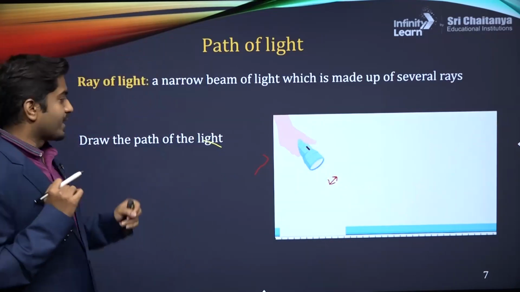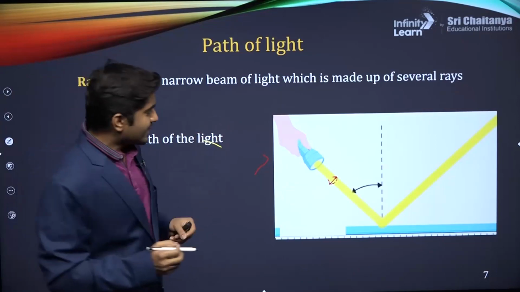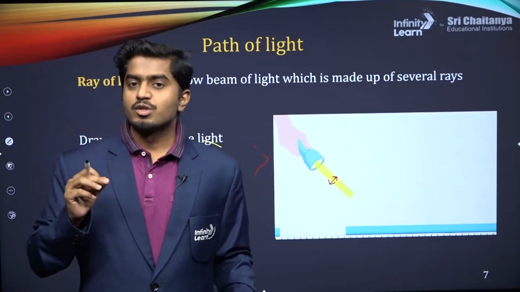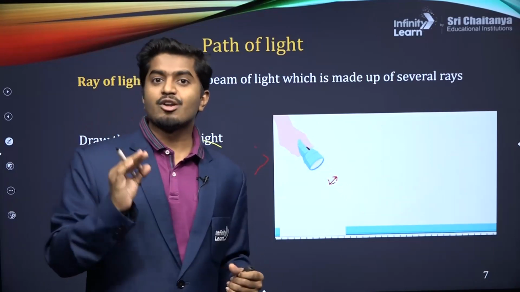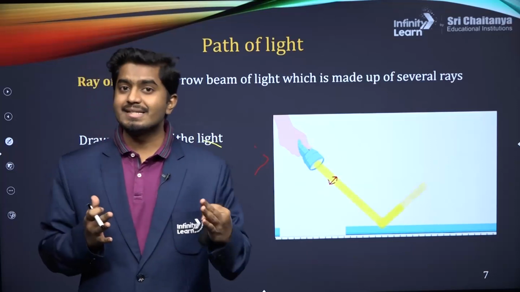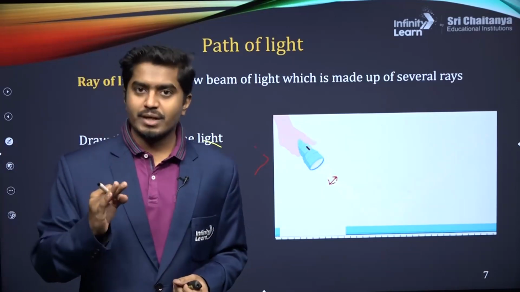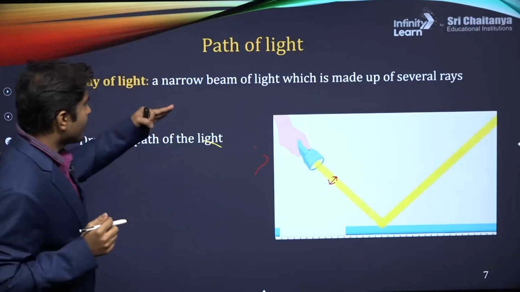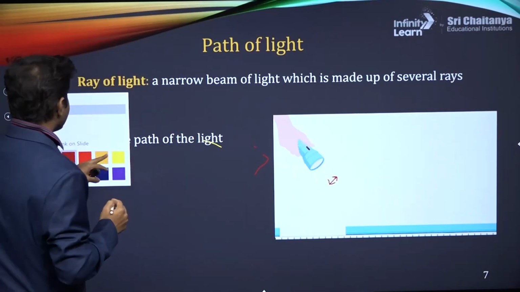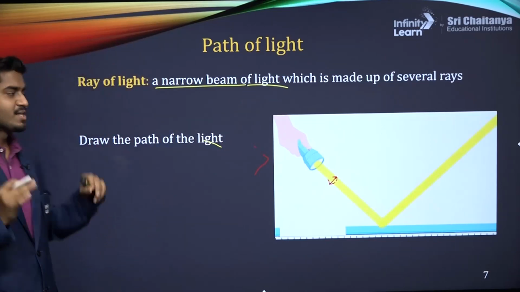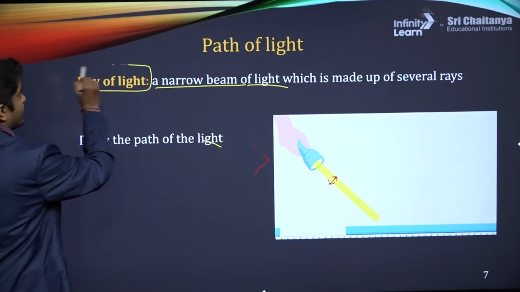But what is a ray of light? It is a very narrow beam of light. Any example of a very narrow beam of light? Have you seen lasers? If your laser is of very good quality, it is going to be a very narrow beam of light. If you have that very narrow beam of light, then that is called a ray of light.